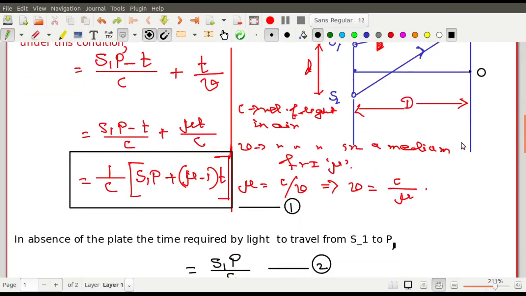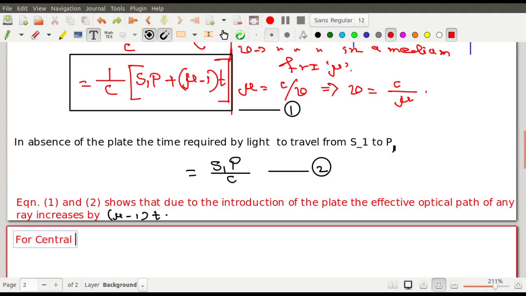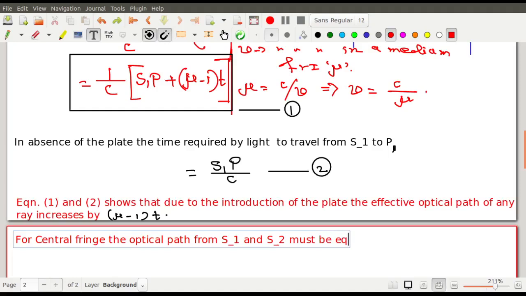Okay, so now what is happening with this central fringe? Now come to the central fringe. How do you define a central fringe? For the central fringe, the optical path from S1 and S2 must be equal.